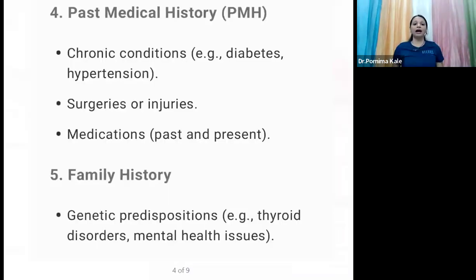Okay, then why do we need family history? Why do we need family history? Again, some diseases are genetically transferred, like depression and anxiety.